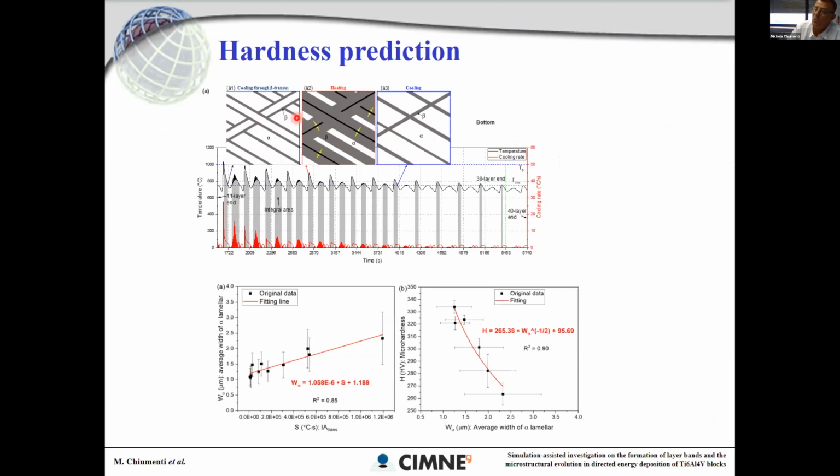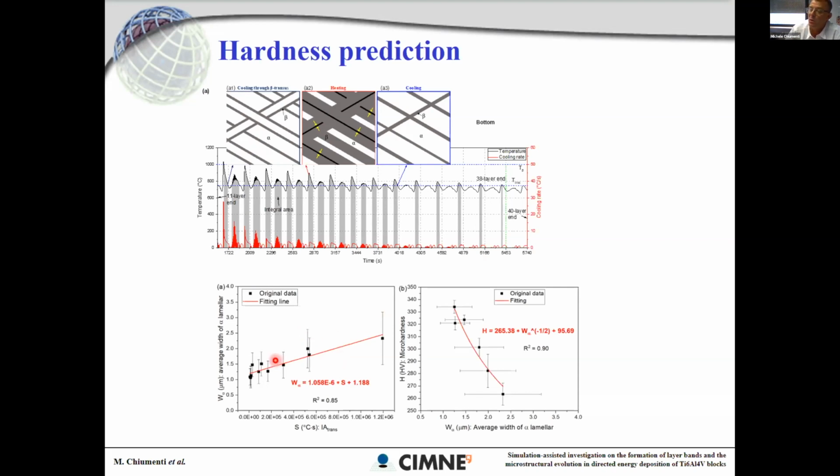And also we have used an integration of the time in which the temperature goes through the alpha-beta transformation. And if you integrate this timing, you can get an approximate definition of the grain size of the microstructure.